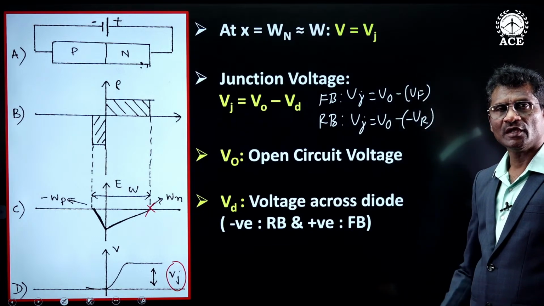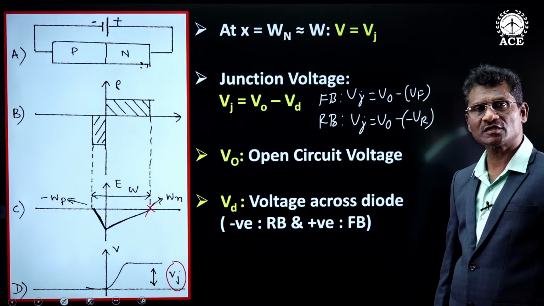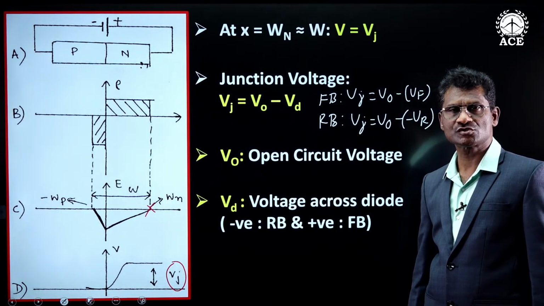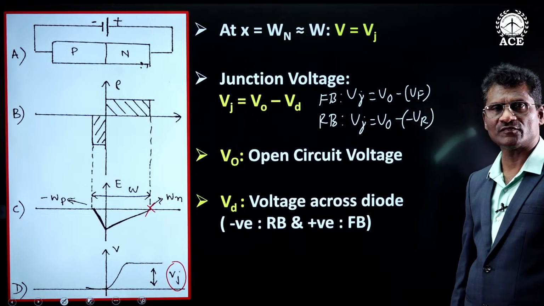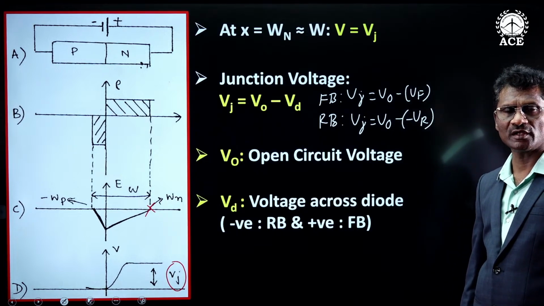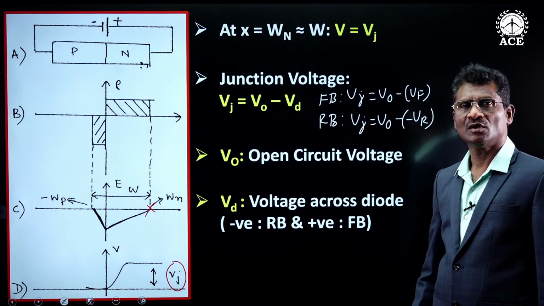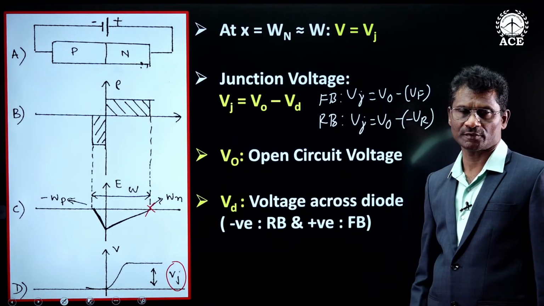Why? Because in a reverse bias diode, width of depletion region increases. Hence, positive and negative ions of depletion region will increase, and hence contact potential increases over and above V0.